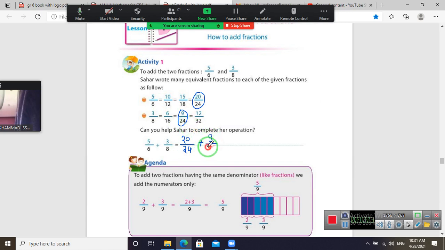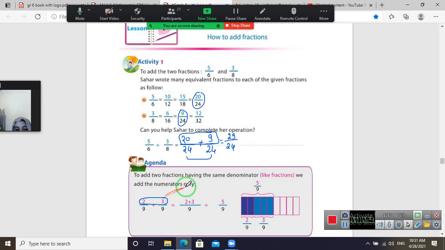If they didn't have the same denominator, I cannot add them. It will be 29 over 24. I can't add the denominator. The denominator doesn't change. I just add the numerator. If they have the same denominator, directly I will add the numerator.